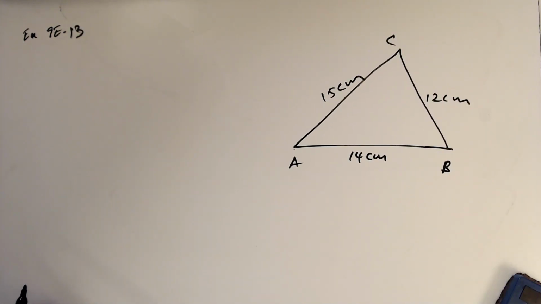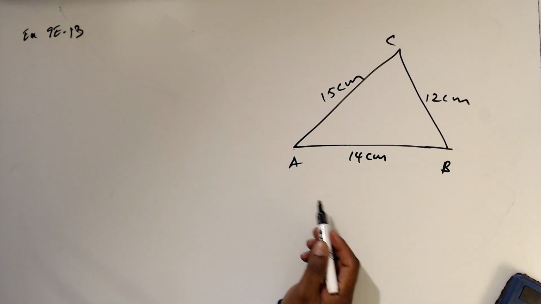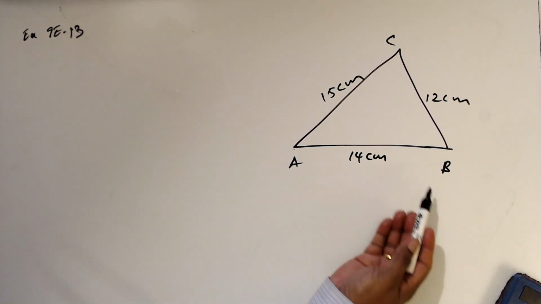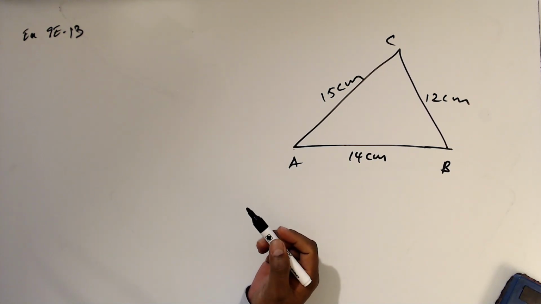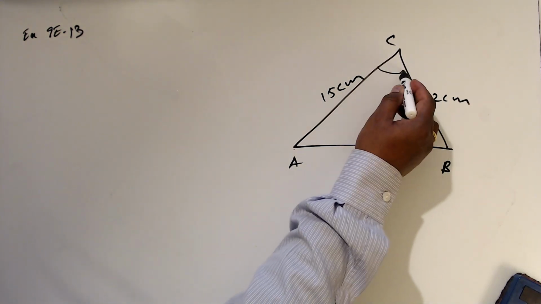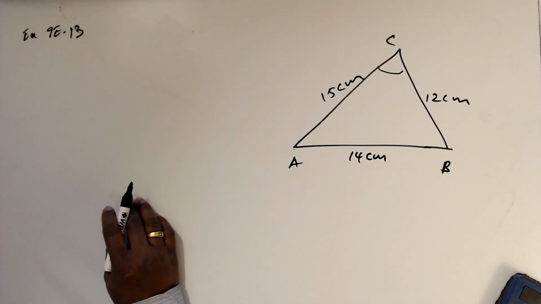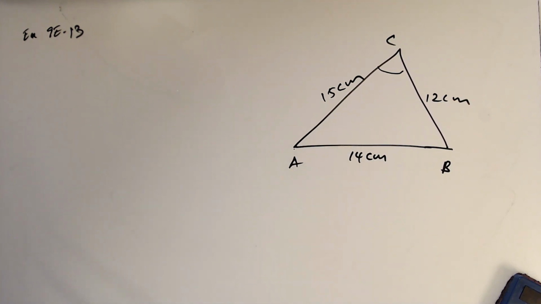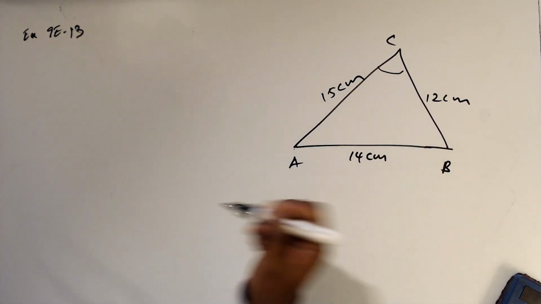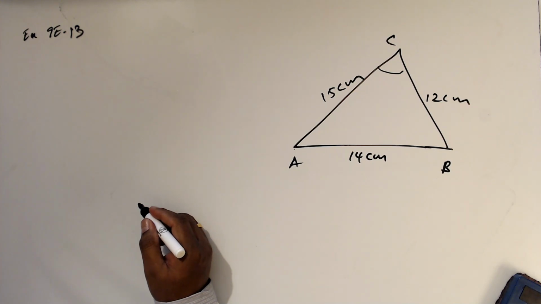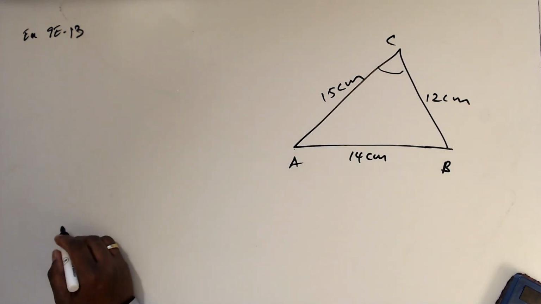Question number 13. So this is the picture. AB is 14 and BC is 12 and CA is 15. Now first of all we need to find this angle, and the best way of doing this one is using the cos rule, because we know all the distances, then we can find the angle.